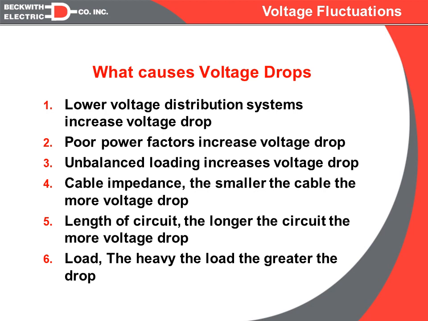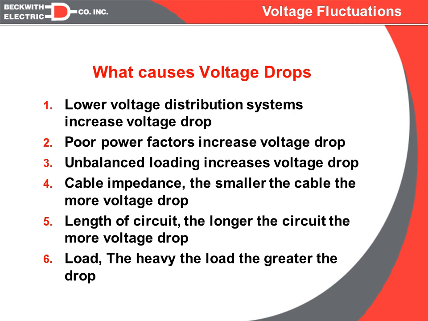Another way we can reduce the voltage drop is to balance our load between the 3 phases. Any imbalance of load will cause a circulating current to flow, which will cause increased voltage drop. So the more balanced our distribution system is, the less voltage drop will be created. Cable impedances and the length of the circuit obviously affect the voltage drop because they affect the impedance.